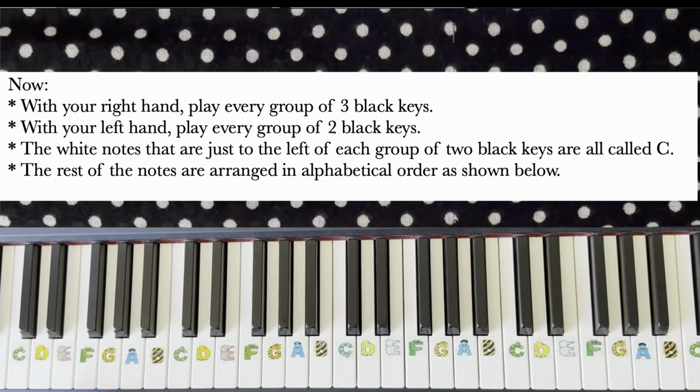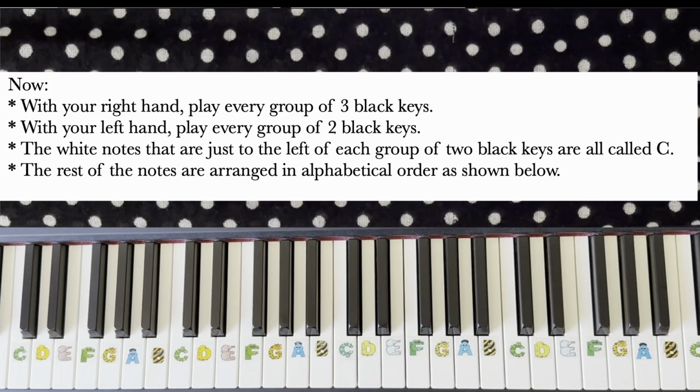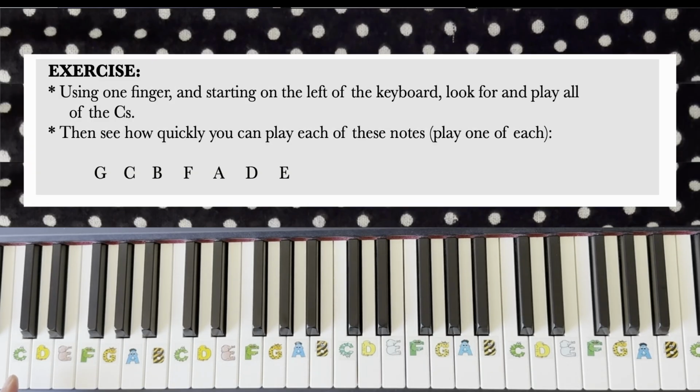So obviously, for every letter name, you have a number of notes that share that letter name. Just to get you nicely oriented, have a look and see if you can play every single C on the piano. So look for 2 black notes. I'll show you first.